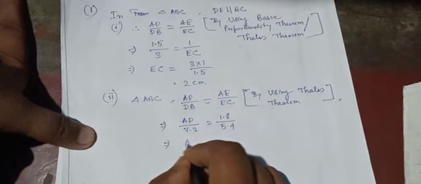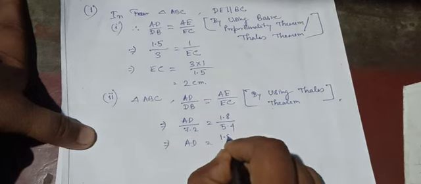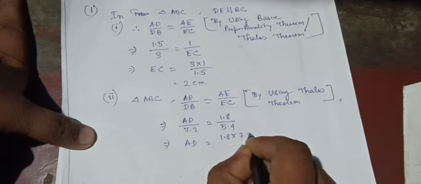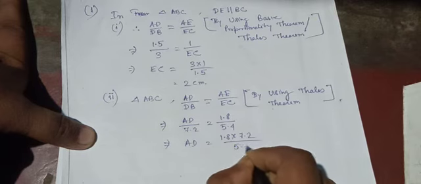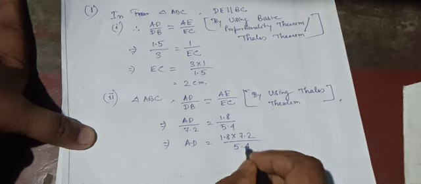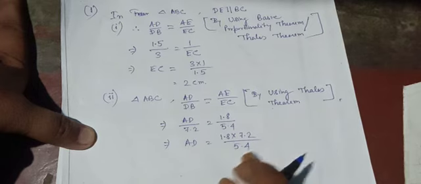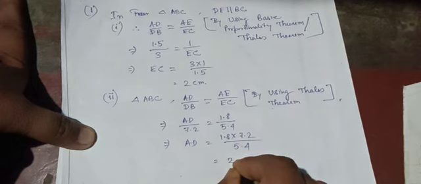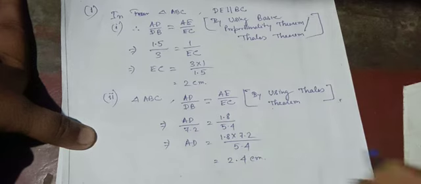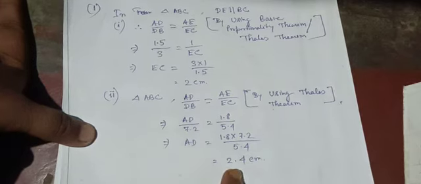Now AD equals 1.8 into 7.2 by 5.4. If we calculate it, we get 2.4 centimeter. So the value of AD is 2.4 centimeter. Hope you have understood. Next, we'll move to question number 2.